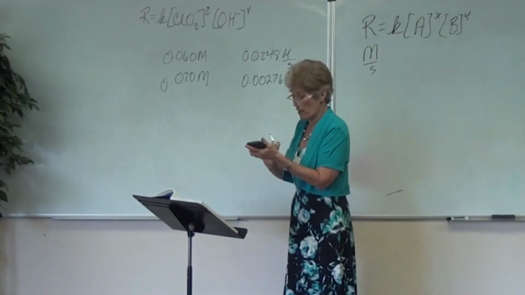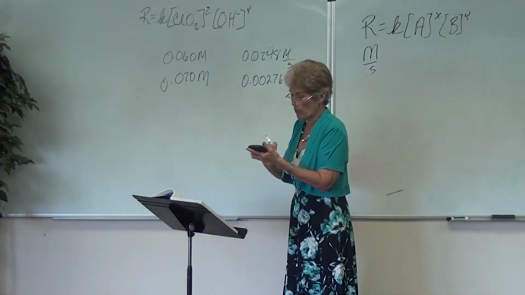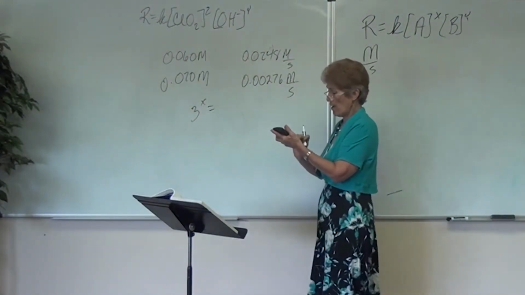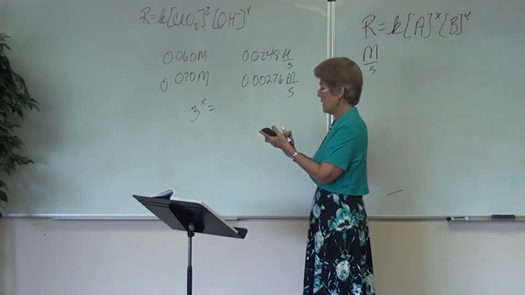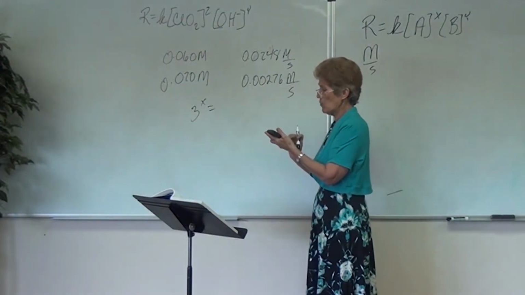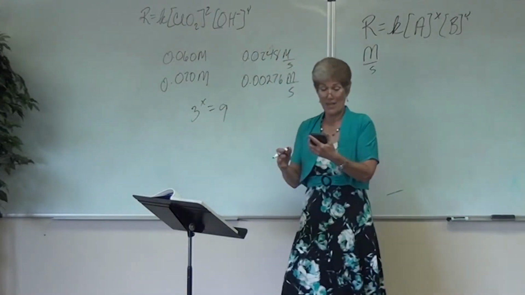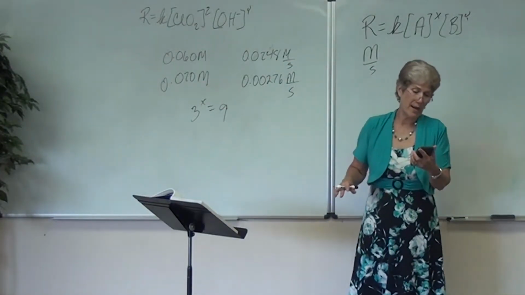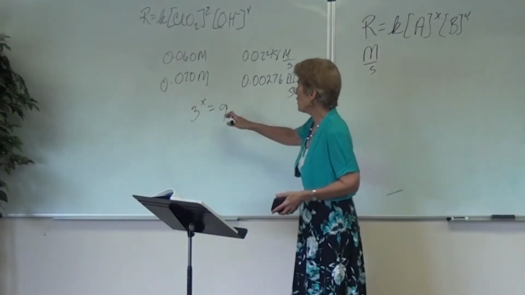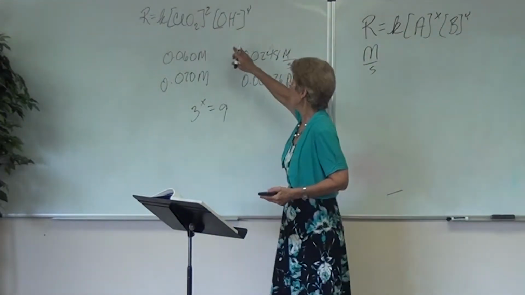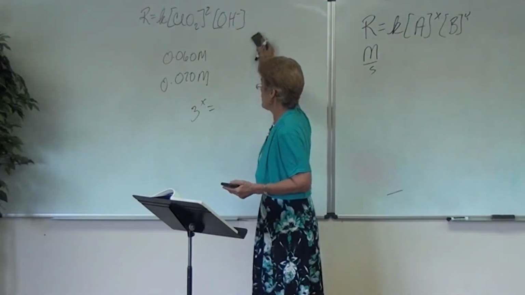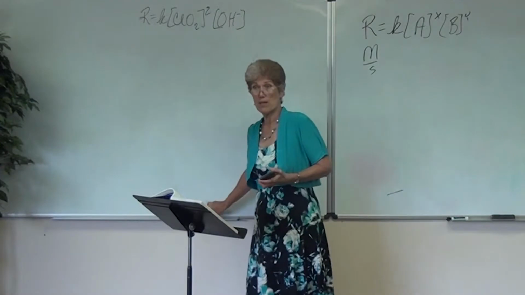So you can go 0.06 divided by 0.02, and you know that's 3. And this is going to be to the x equals 0.0248 divided by 0.00276, and that's going to give you 9. It comes out 8.9855. It's 9. Okay? So that we know is 2, and that got a 2. And then when we did the other part, we ended up with a 1 because it was 3 to the y equals 3. So that was going to be a 1, isn't it?